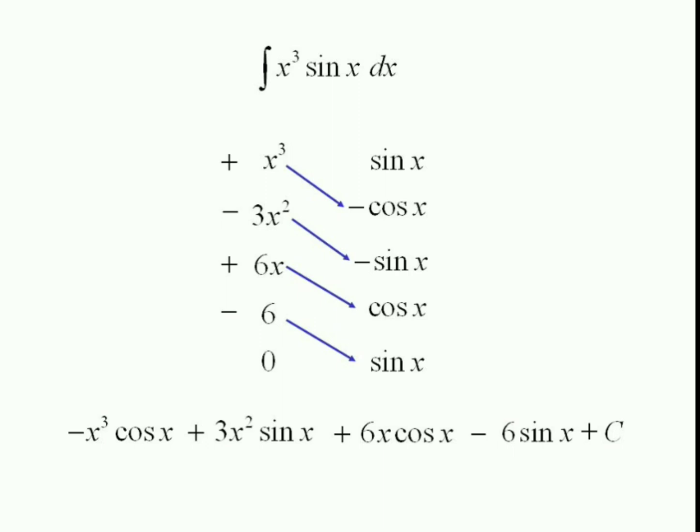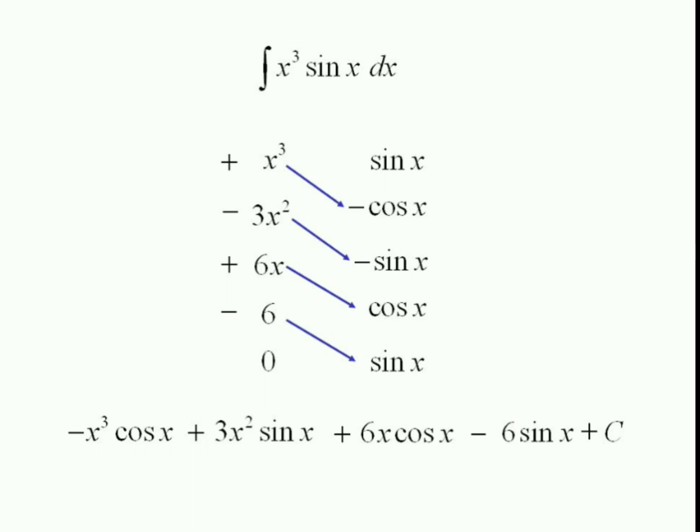Then the fourth row is negative, the derivative of 6x is 6, and the integral of negative sine x is cos x. Then the derivative of 6 is 0, and the integral of cos x is sine x.